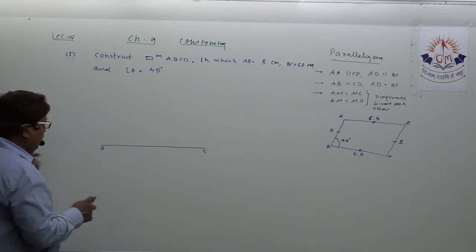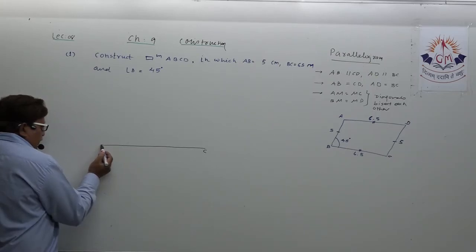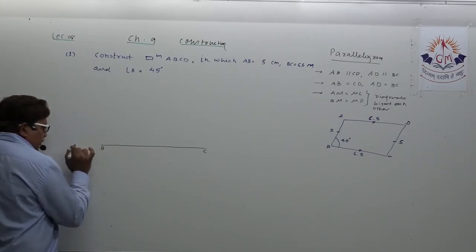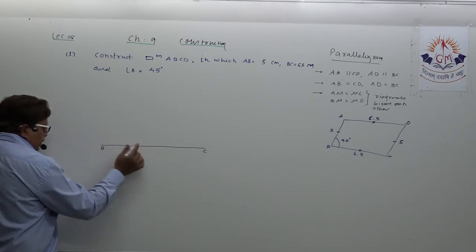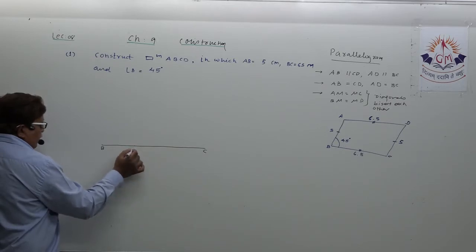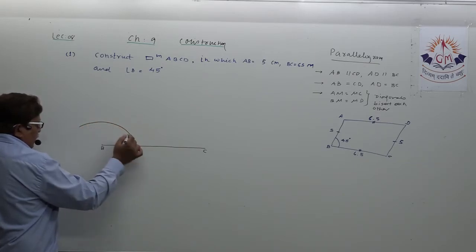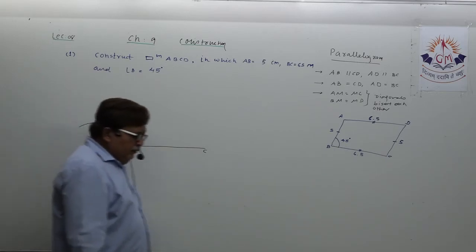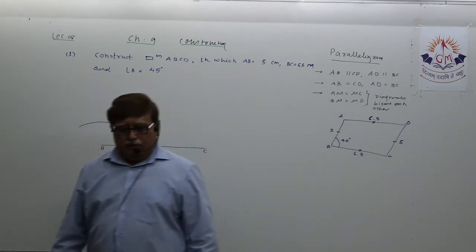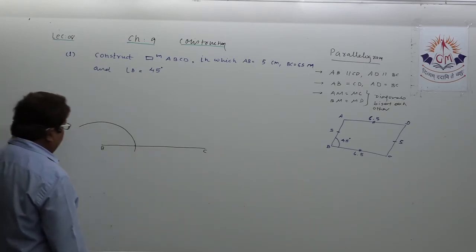For construction of angle 45, centering your compass at B, mind it, and taking some appropriate radius, you draw one arc.